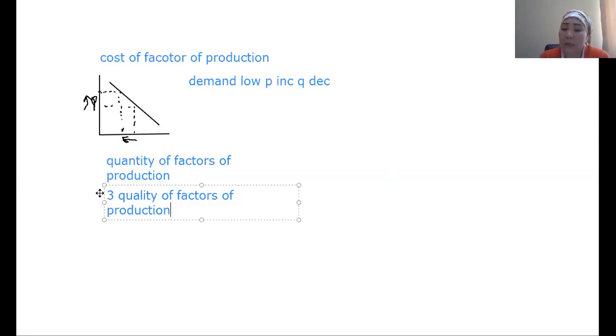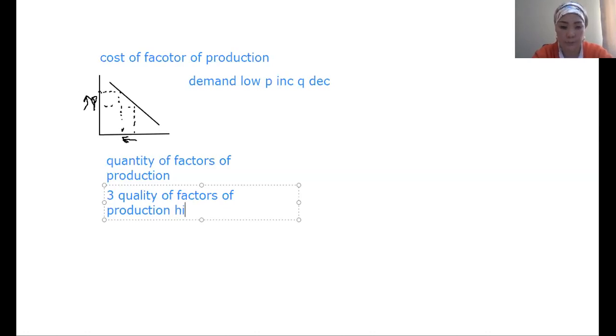How may it lead to the demand for the factors of production? Of course, if the quality is high, there will be a high demand, right?